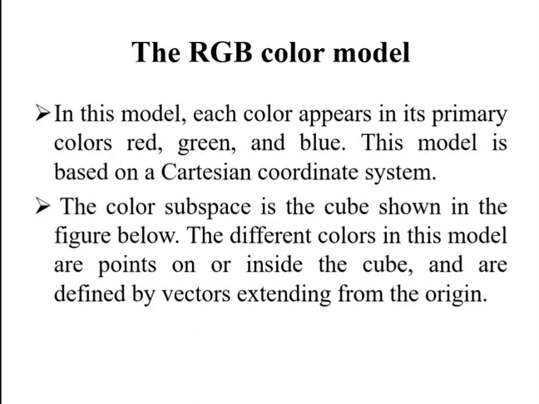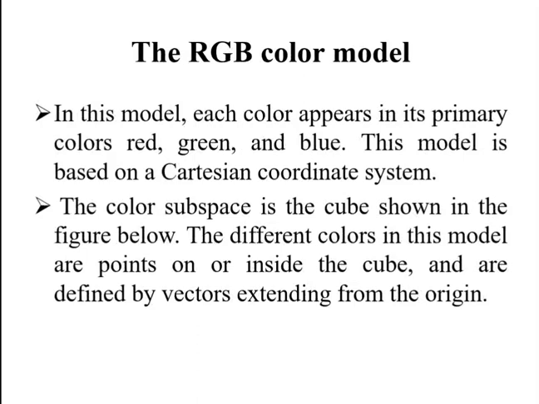In this model, the grayscale points of equal RGB values extend from black to white along the line joining these two points. The different colors in this model are points on or inside the cube and are defined by vectors extending from the origin.